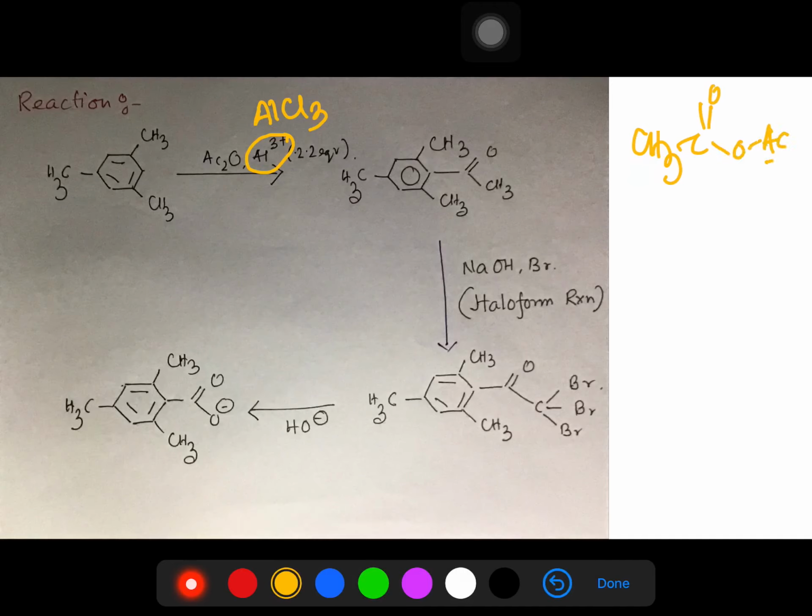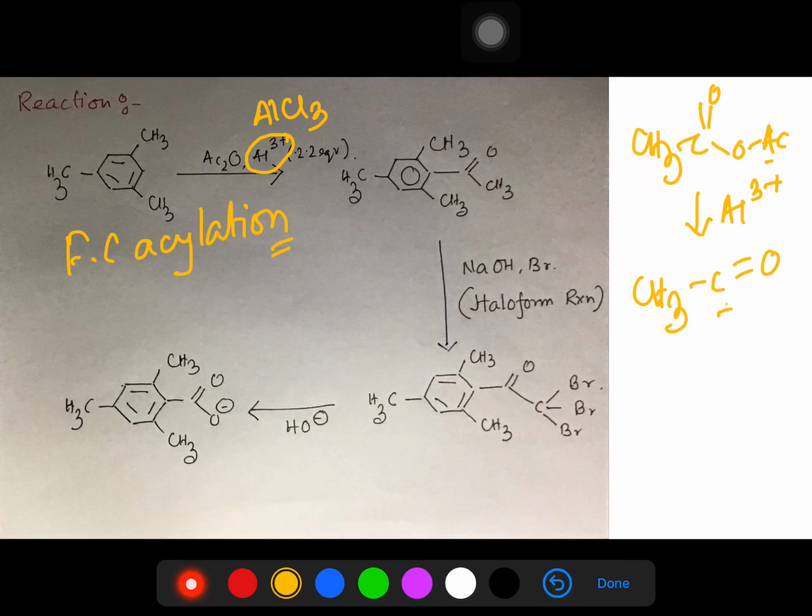So this is the acetic anhydride, and this reaction is nothing but Friedel-Crafts acylation. Okay, so you know this Friedel-Crafts acylation. So what is generated? Actually, in presence of this Al3 plus, this acylium cation is generated, which is resonance stabilized.